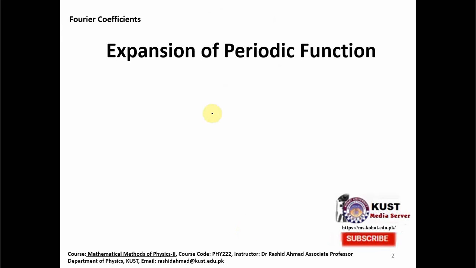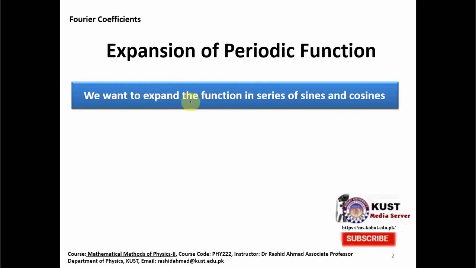So let's start. First of all, we will talk about two things before starting the procedure: the expansion of the periodic function and the period of that periodic function. We will expand any given function in terms of a series of sines and cosines.